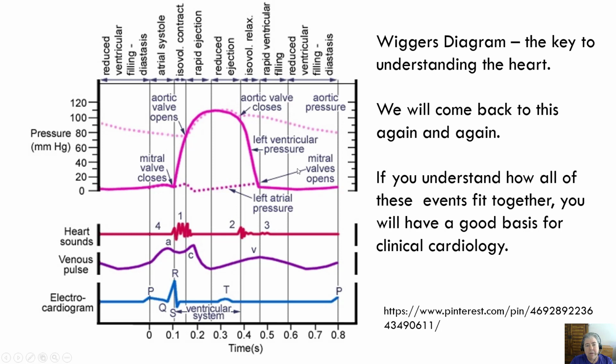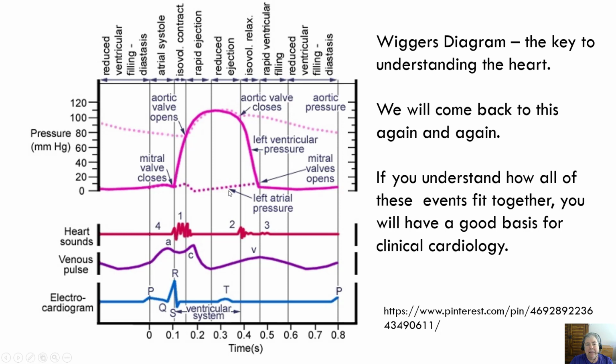The primary part of the Wiggers diagram is up here, and on the x-axis is time, and on the y-axis is pressure. And as time goes through a cardiac cycle, we are illustrating changes in pressure in different places.